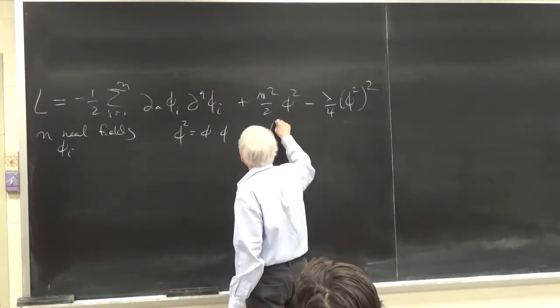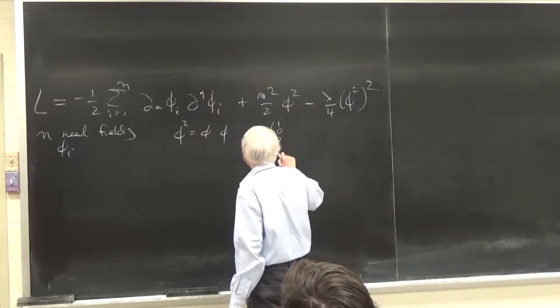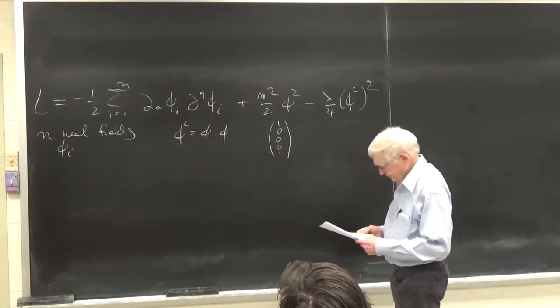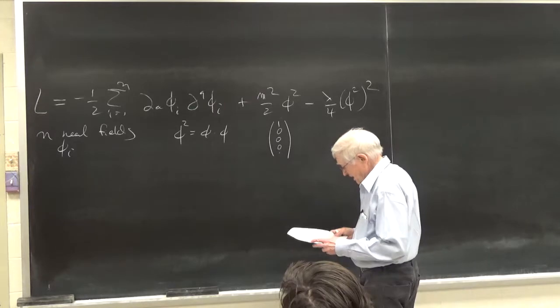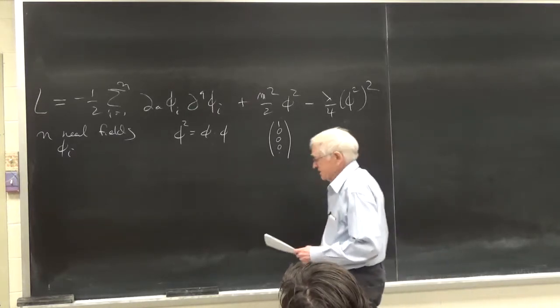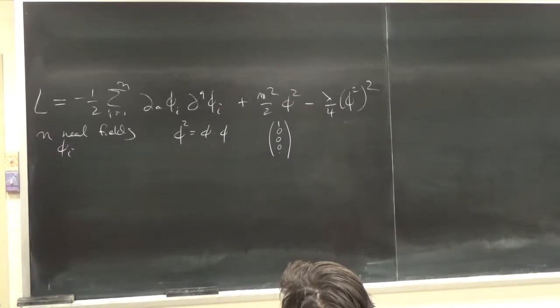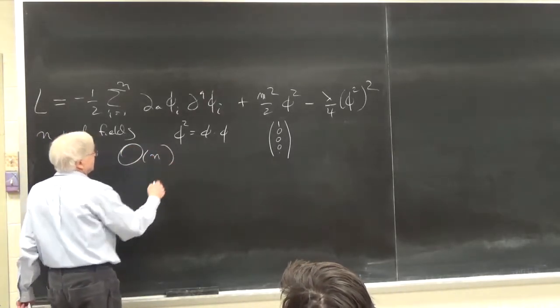We could take as the vacuum vector something proportional to 1, 0, 0, 0, where this is an n vector. Then we would say each generator that does not annihilate this vector may be a Goldstone boson. And now, what's the symmetry group? Well, the symmetry group is O(N).